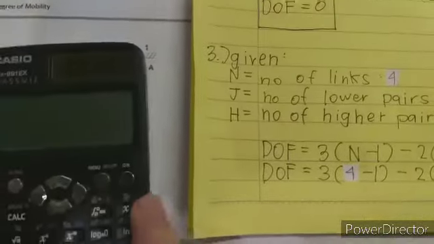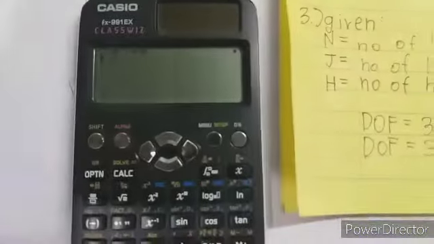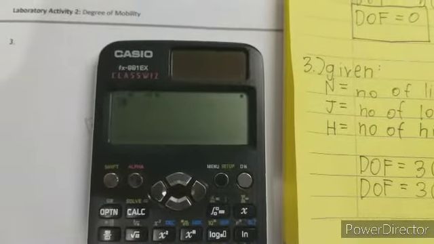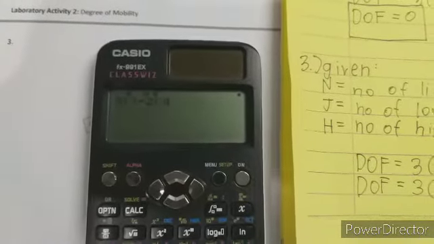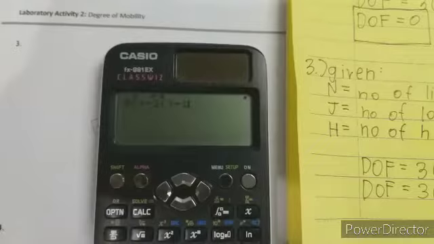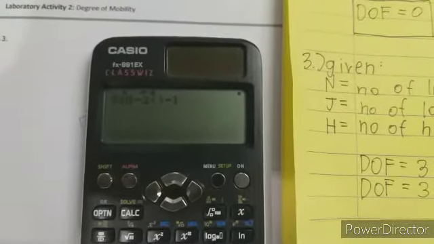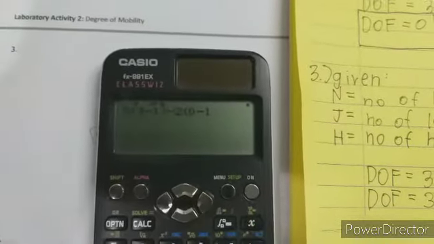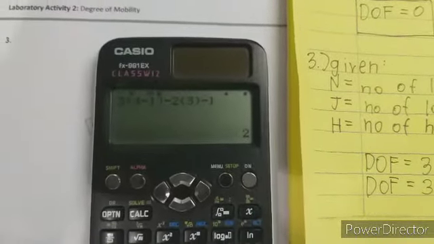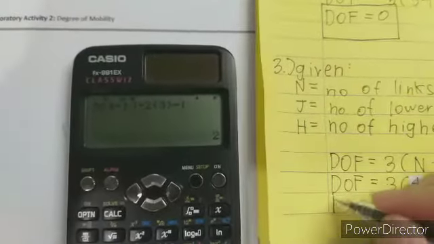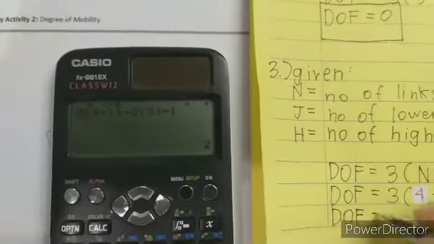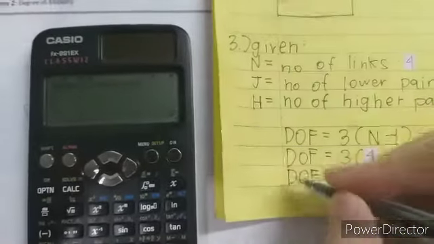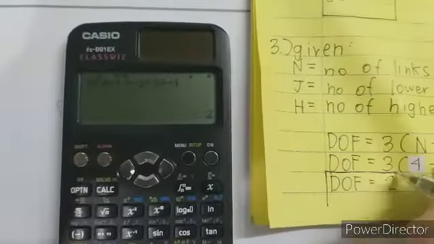Now, putting this in our calculator, minus 1 higher pair. So that would be 4 minus 1. That would be multiplied by 3. So we have a final degree of freedom of 2 for this mechanism.